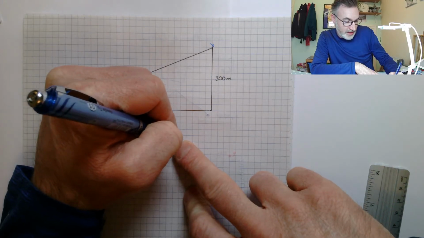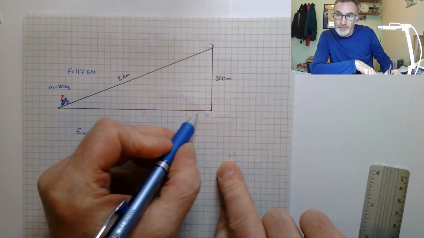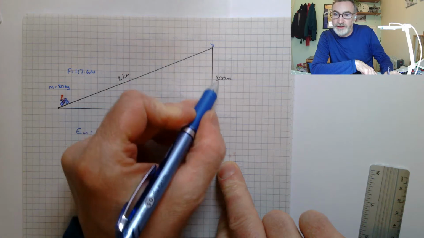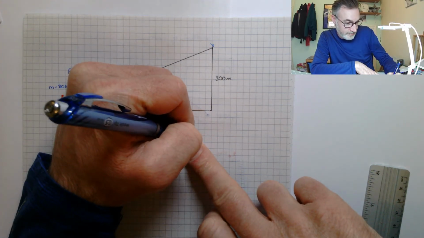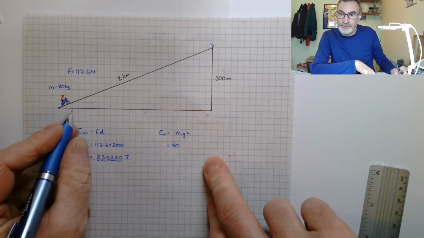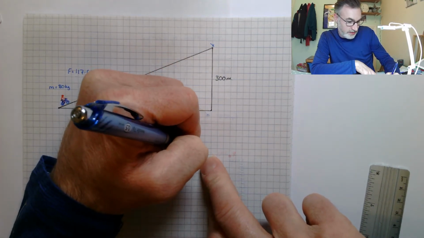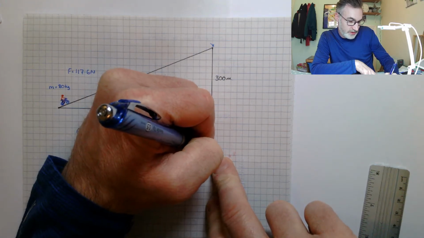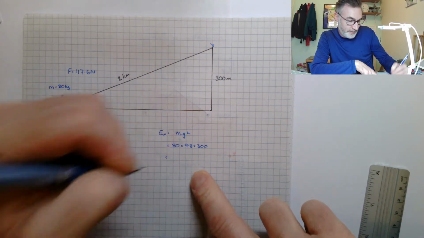So if we look at the potential energy at the top of this hill, we've gained a vertical altitude of 300 meters. And so again, 80 kilogram total mass times 9.8 times 300.